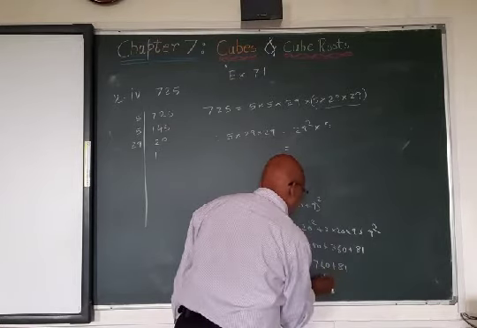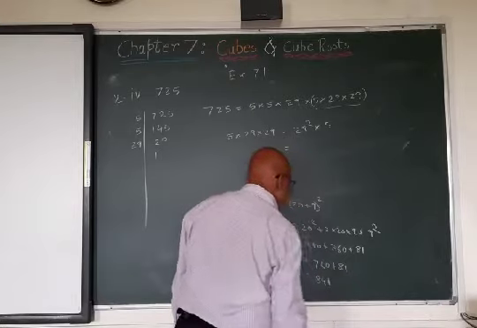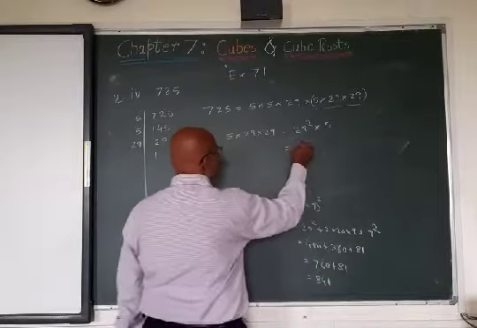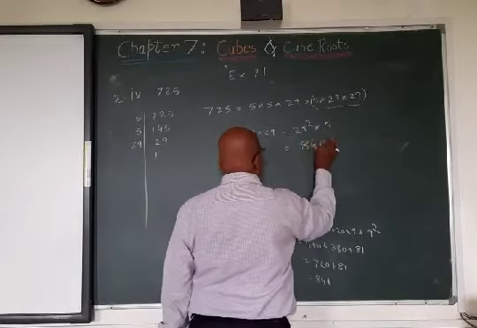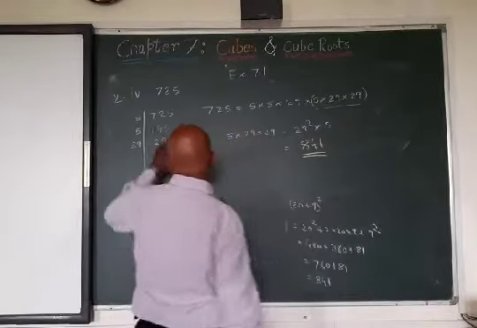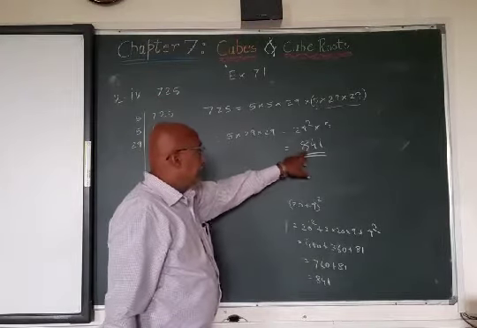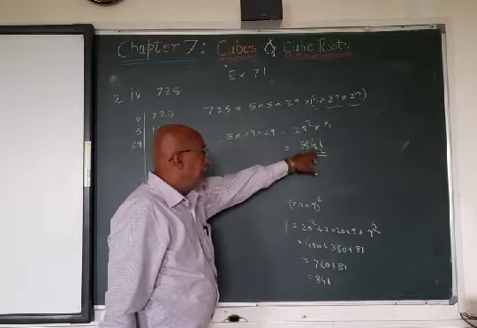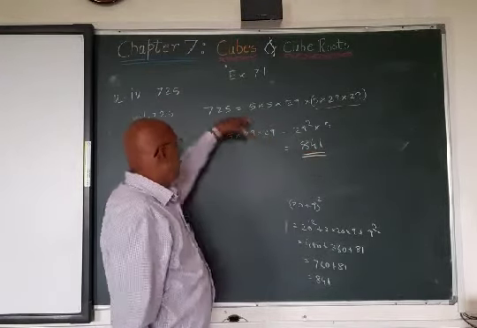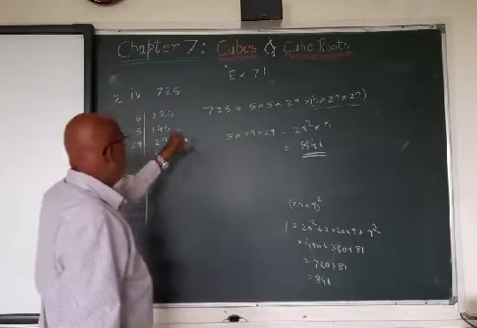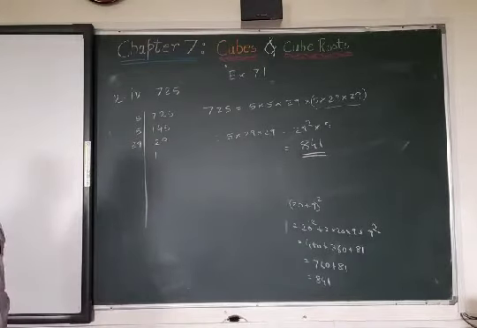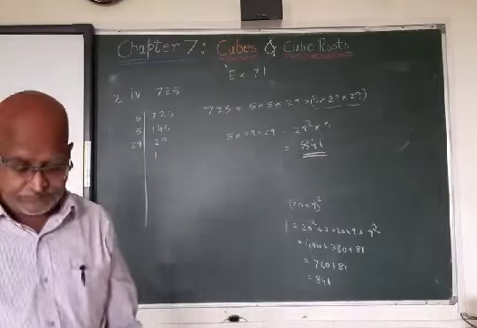We get 841. So that number is 841. So you have to multiply this number by 841 so that we can get a perfect cube.